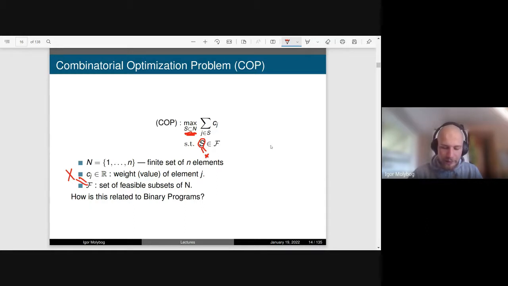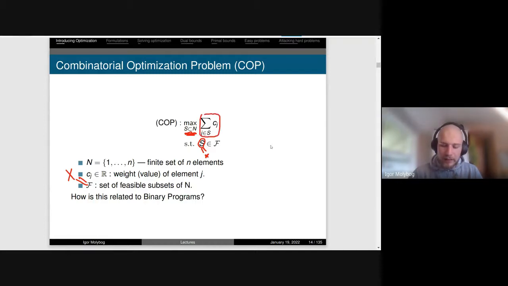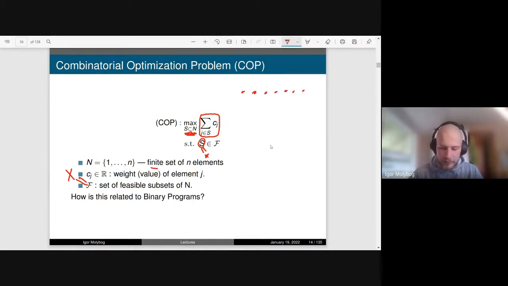And every subset is being weighted using a function that is linear in terms of the weights of individual elements. So let's say that we have n elements. This is 1, this is 2, and this is n. And to each element, I'm assigning a particular value.